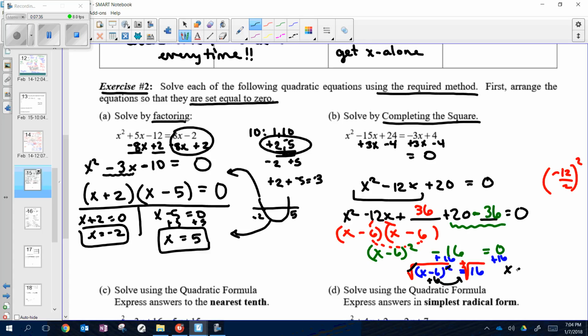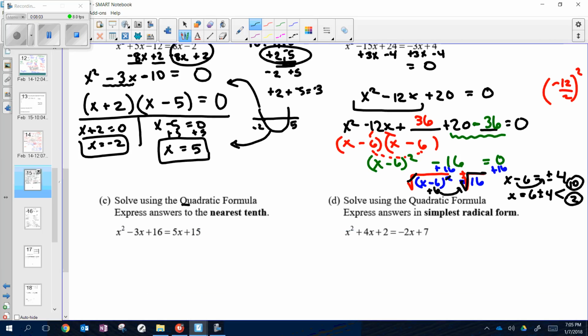So I had x minus 6 equals plus or minus 4, because the square root of 16 is a 4. When I added the 6 in front, 6 plus or minus 4, I can do that math because 4 is a whole number. There's no more square root. 6 plus 4 is 10. 6 minus 4 is 2. So my answers are 10 and 2.